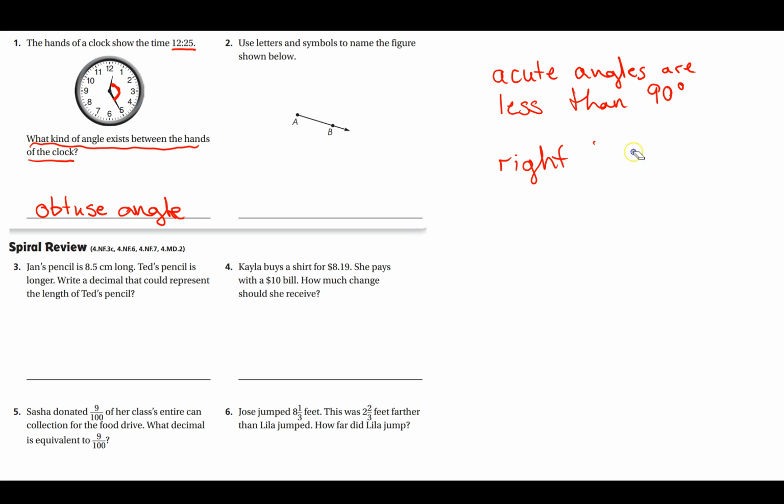Oh, whoops, right angle. And an obtuse angle is greater than 90 degrees.